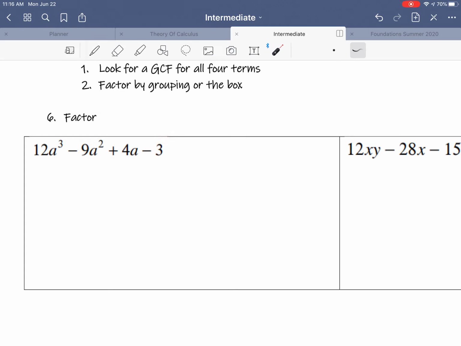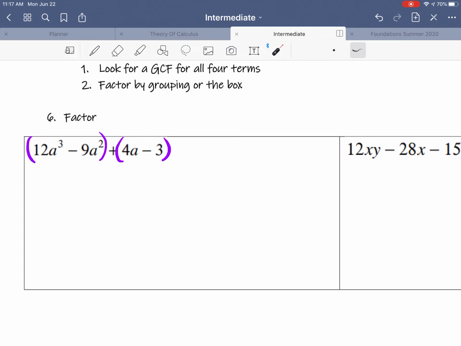So there is no greatest common factor. In this case, when there are 4 terms with no greatest common factor, you can factor by grouping. So let's say I break this up into smaller pieces of 2 binomials.